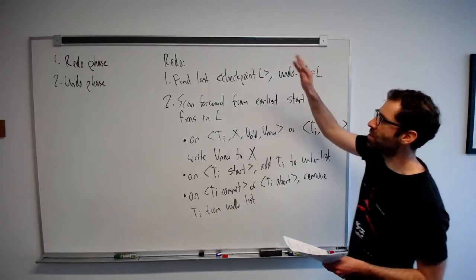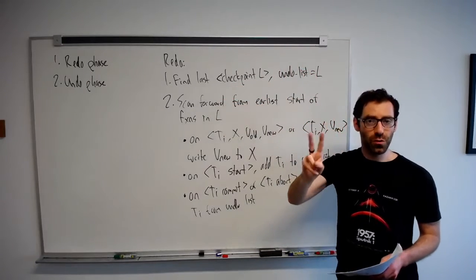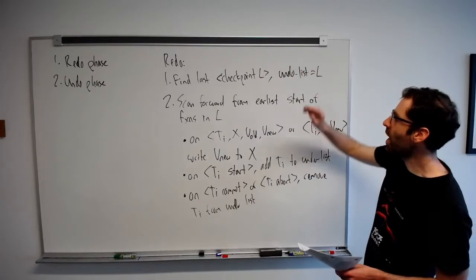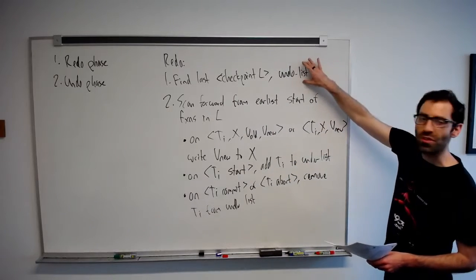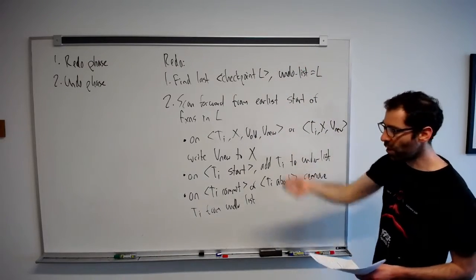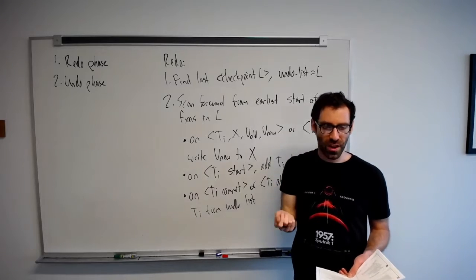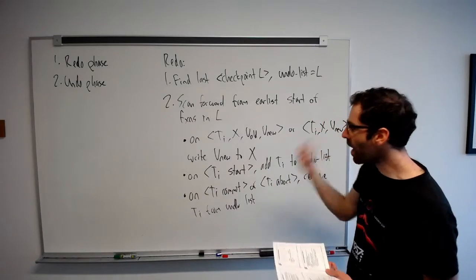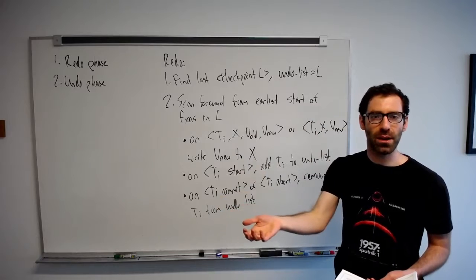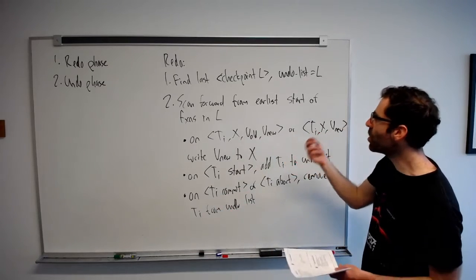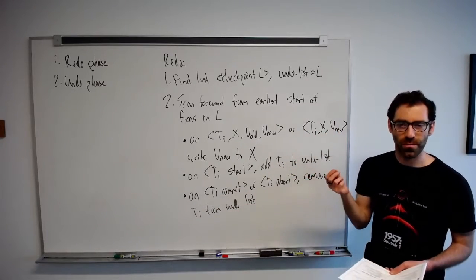So this redo phase is serving two functions. It's generating this undo list where we're figuring out which of the transactions that have changes that may not have made it out to disk, which of these do we actually need to undo?